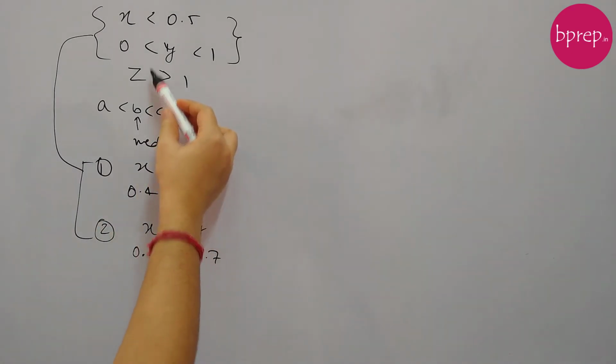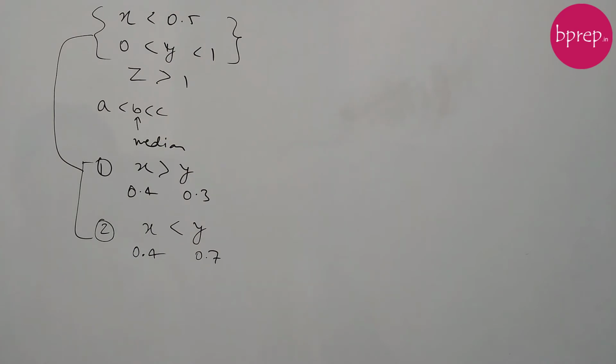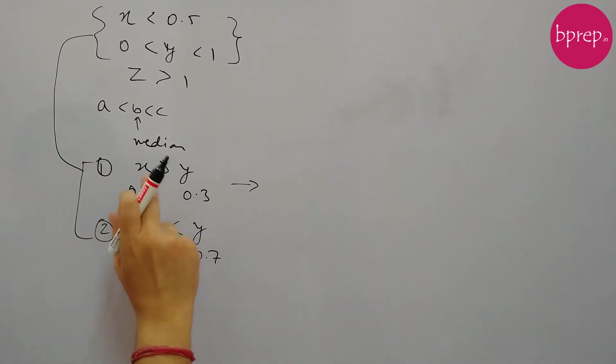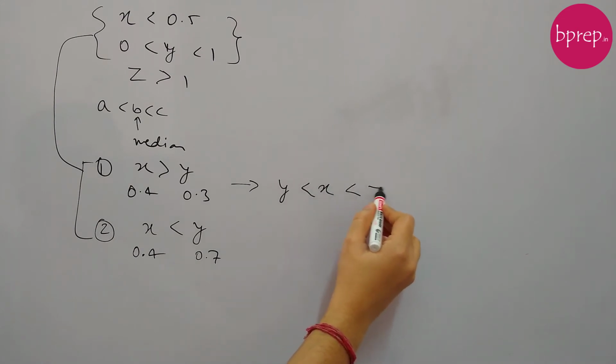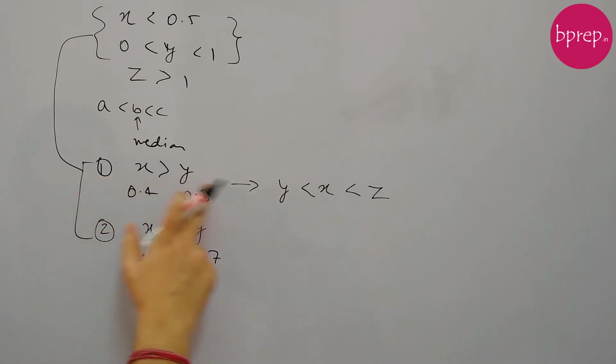Now z is always greater than x and y both. If x is greater than y, then the smallest number is y, so we have y less than x less than z. This will be the order if the first condition is true.